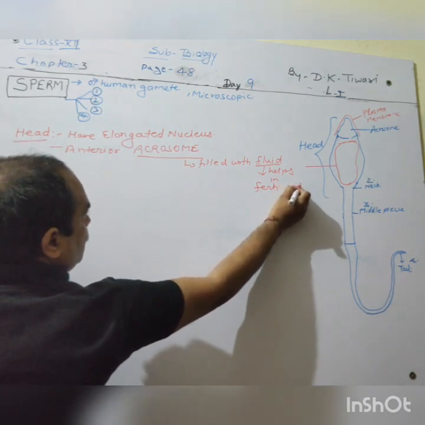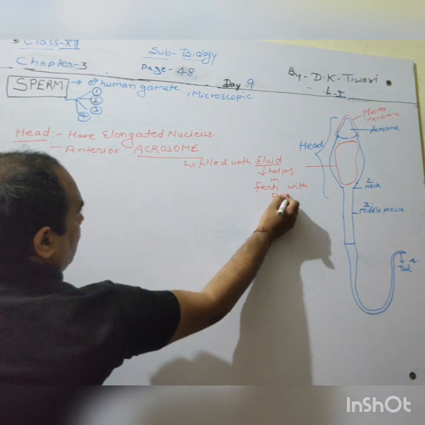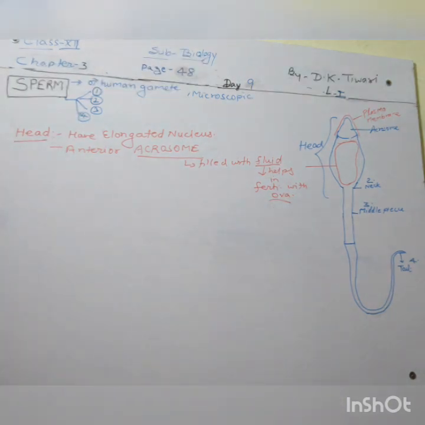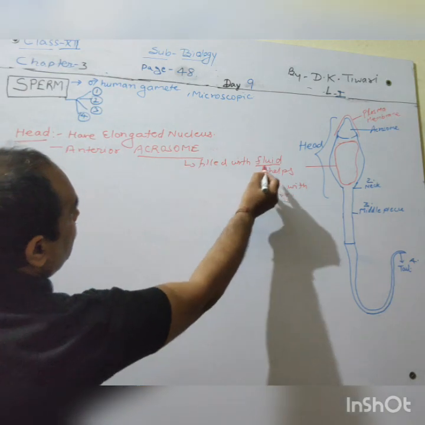In fact, it helps in the penetration of the ova wall so that fertilization can take place between male and female gametes. So this is the anterior part, called acrosome, filled with fluid.